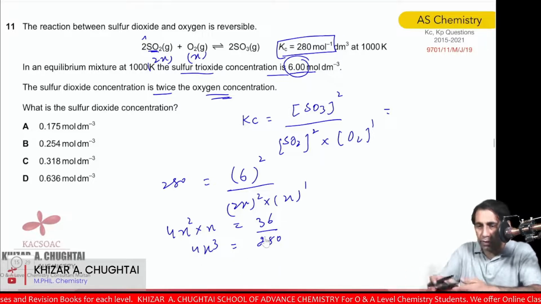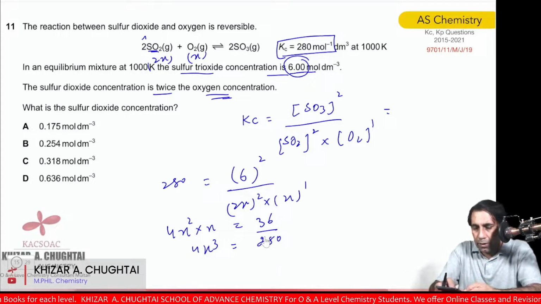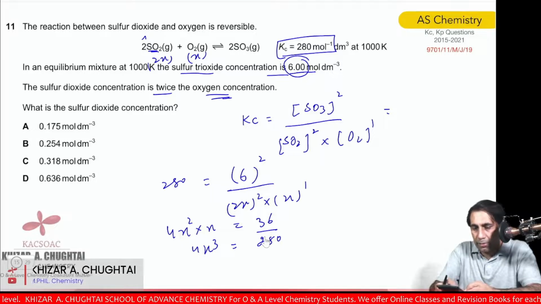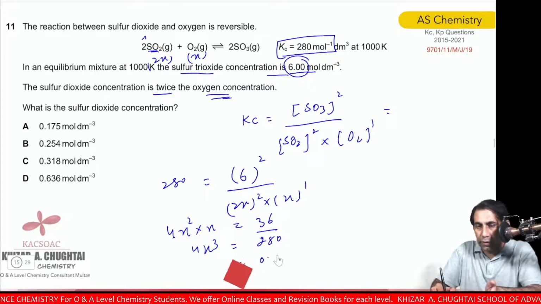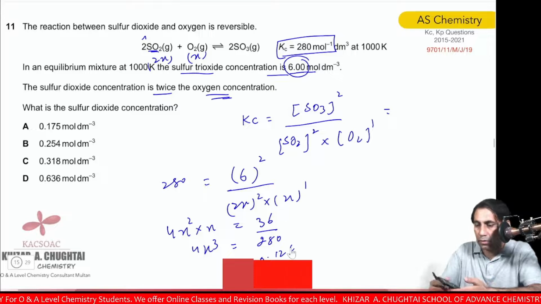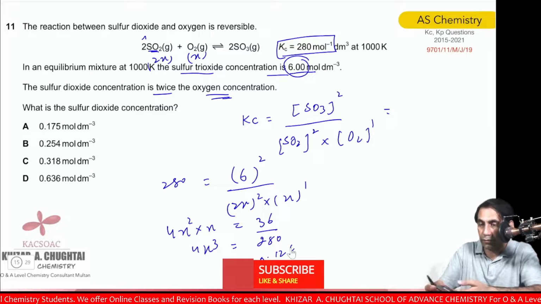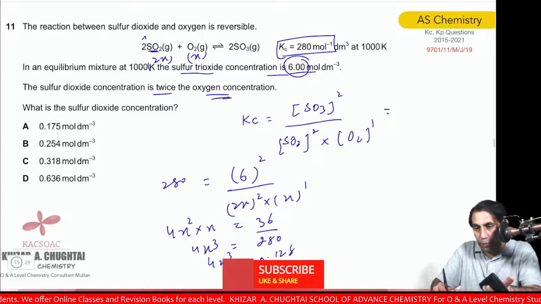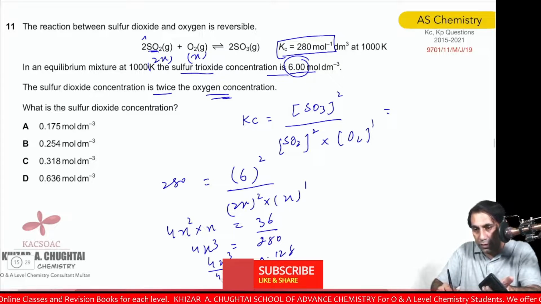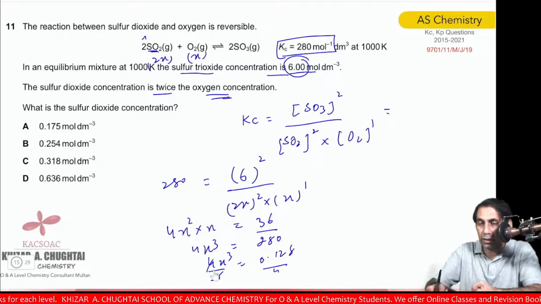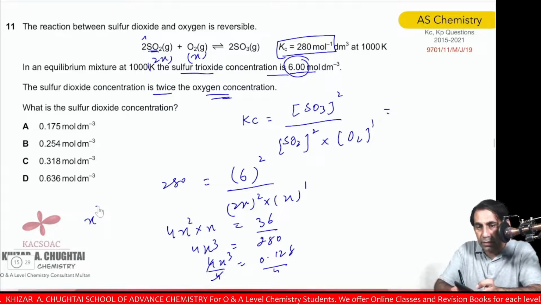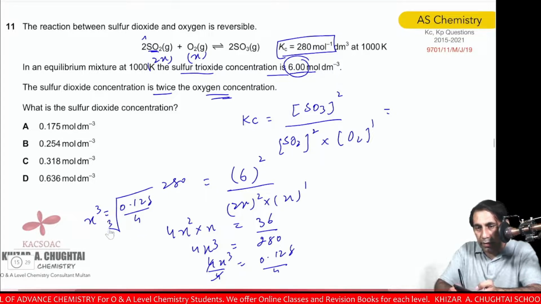Let me check it over here. 36 divided by 280 is 0.128. That is equal to 4x cube, and dividing by 4 on both sides, x cube is equal to 0.128 over 4, taking cube root.